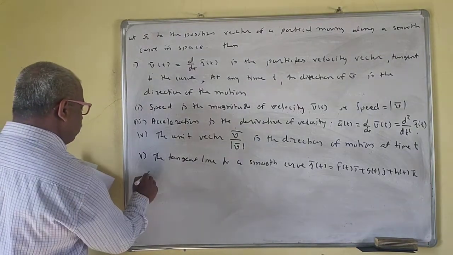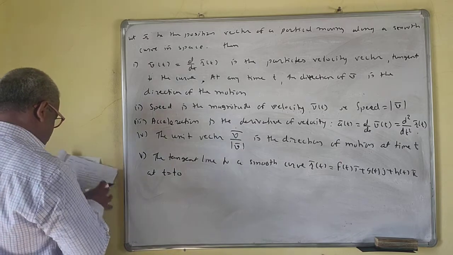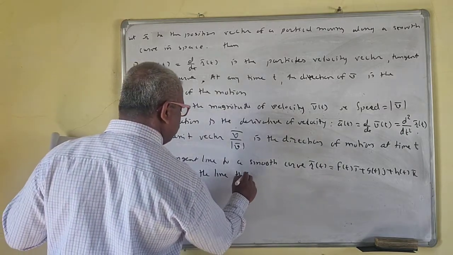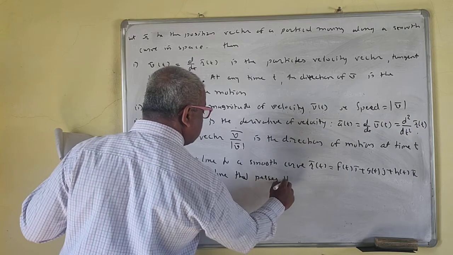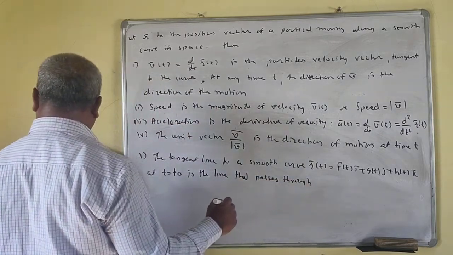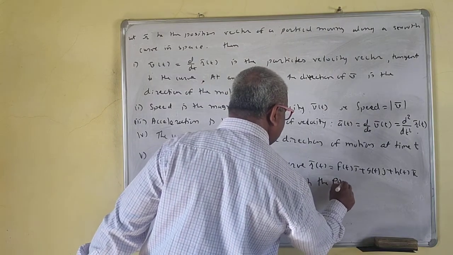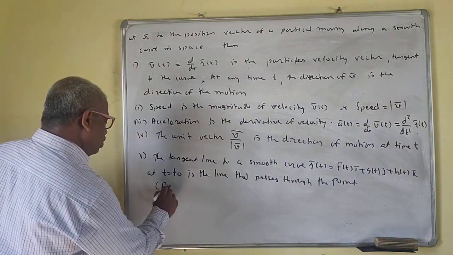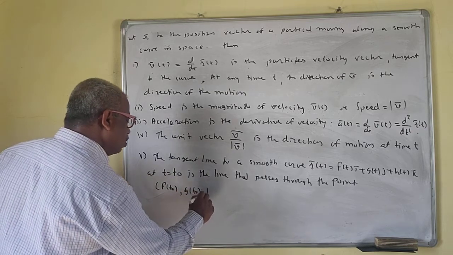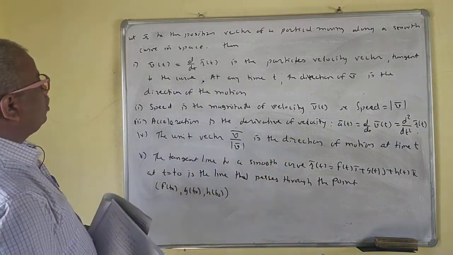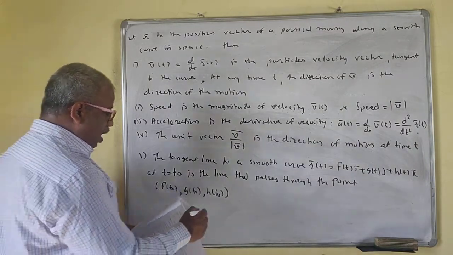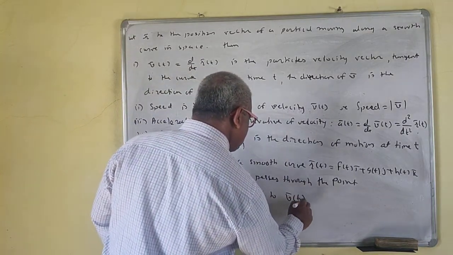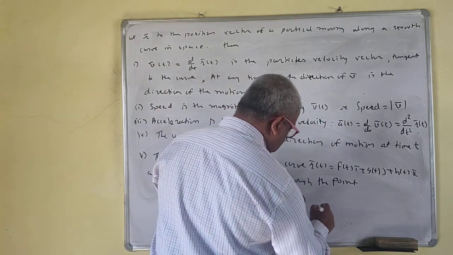At t is equal to t naught, it is the line that passes through the point f of t naught, g of t naught, h of t naught, parallel to v bar of t naught.